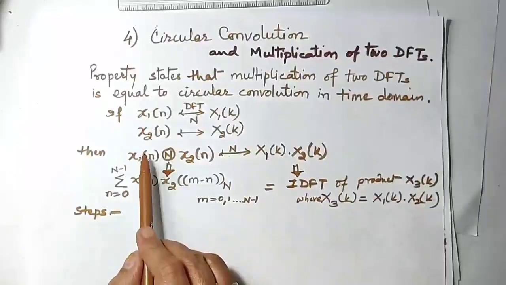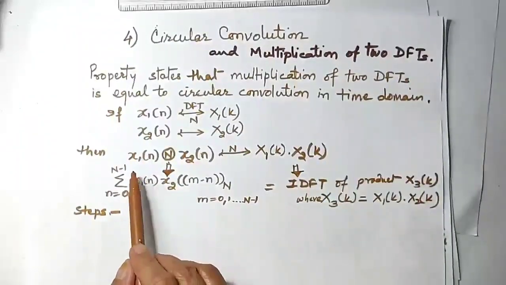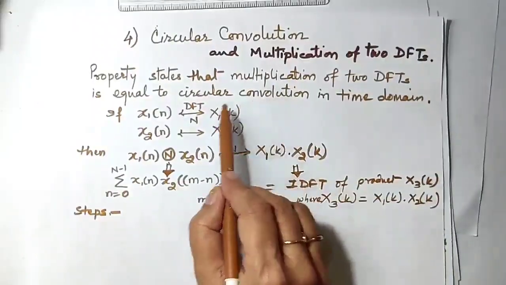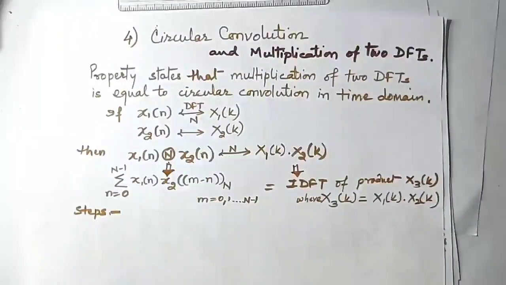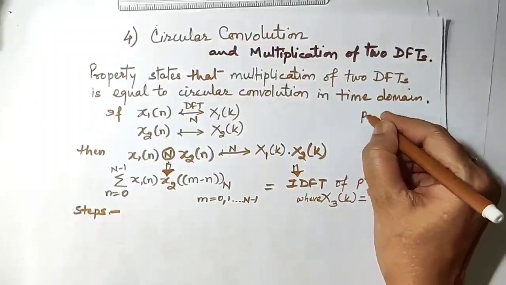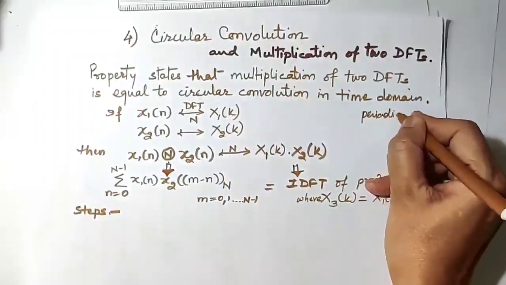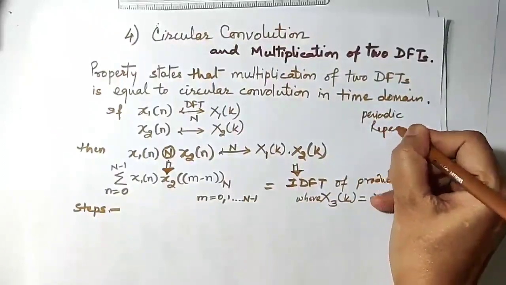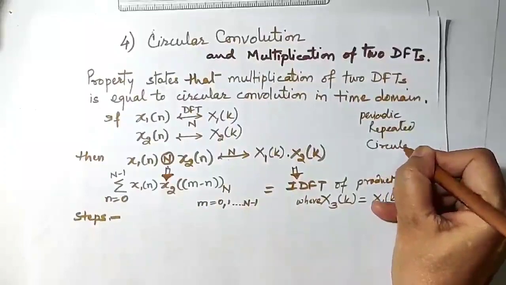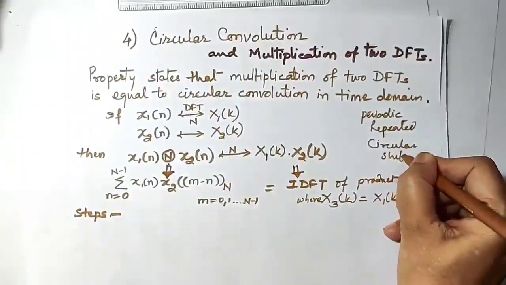If we take finite sequences, then in the time domain they are convolved circularly, because we have taken the periodic sequence, and periodic sequences are repeating, and if they are repeated, then we can do a circular shift.